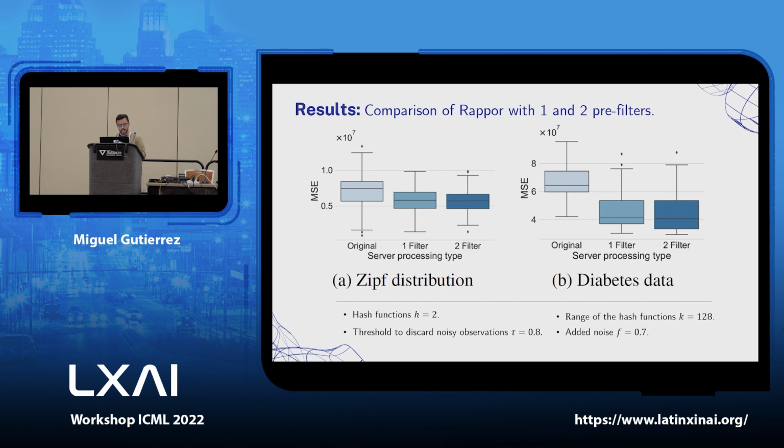We can see a reduction in the mean and the standard deviation of the mean square error. We see with the first filter a reduction of about 27%. We also introduce a second filter, which gives a smaller reduction, about 3% more, leading us to a 31% reduction of the mean square error.